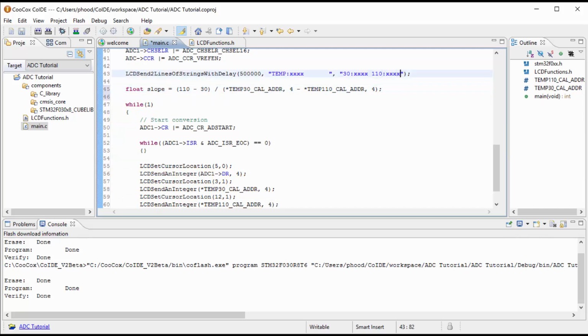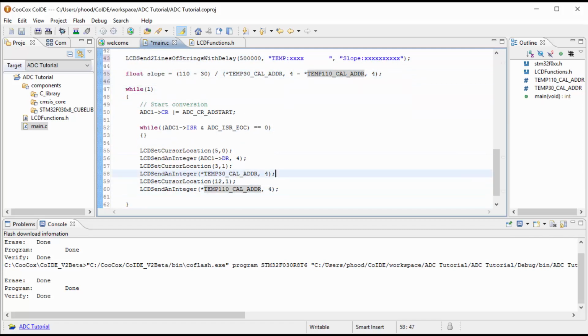So I'm going to go ahead and just delete all this. And we'll call it slope. And how many? Let's see. 1, 2, 3, 4, 5, 6, 7, 8, 9, 10, 11, 12, 13, 14, 15, 16. Okay, so we have 10 digits we can display.